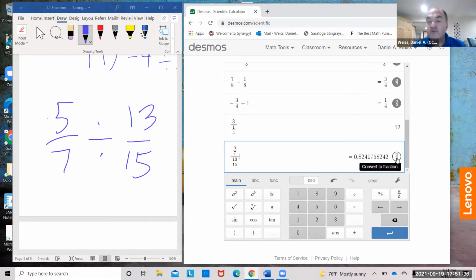I'm going to convert to fraction, 75 over 91. Boom, that's my answer. That's how you divide with fractions. So when you divide, it will always give you this fraction bar. That means divide. But this is how we're going to do fractions now, using Desmos.